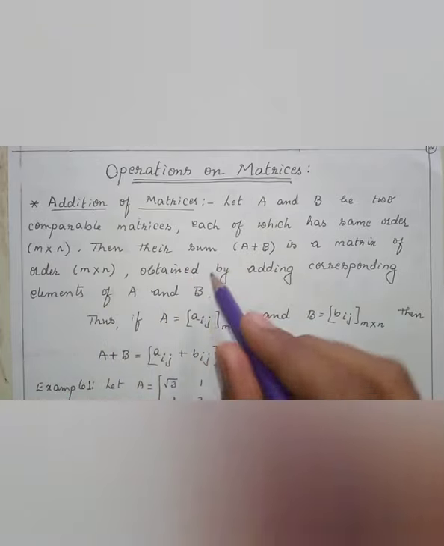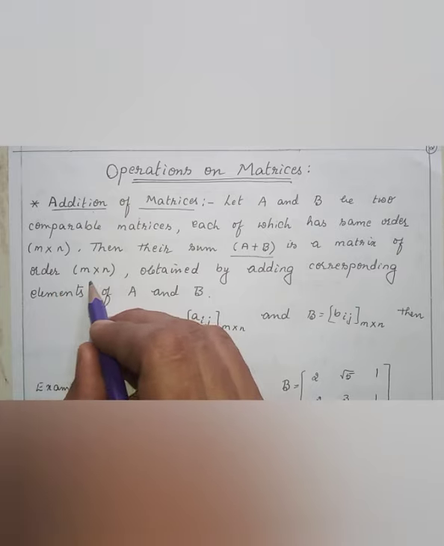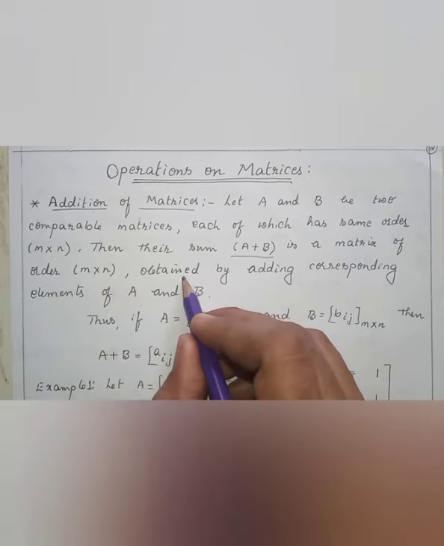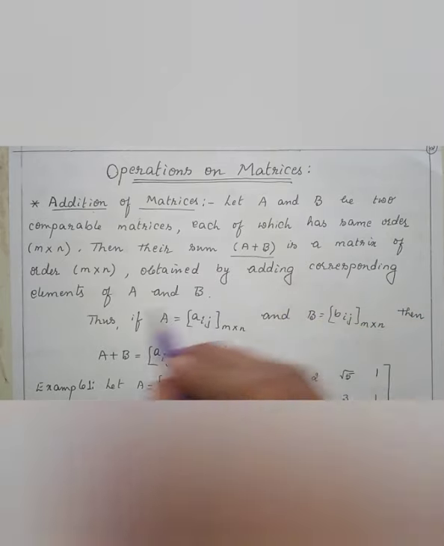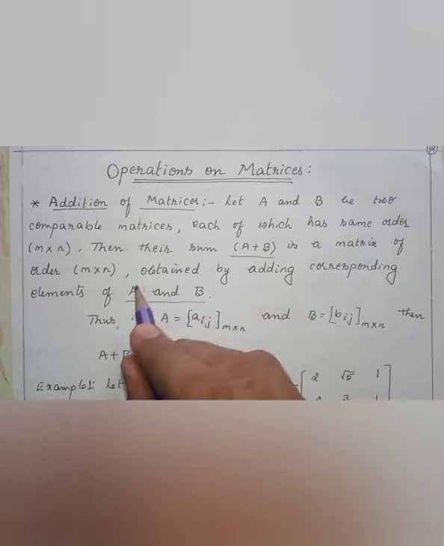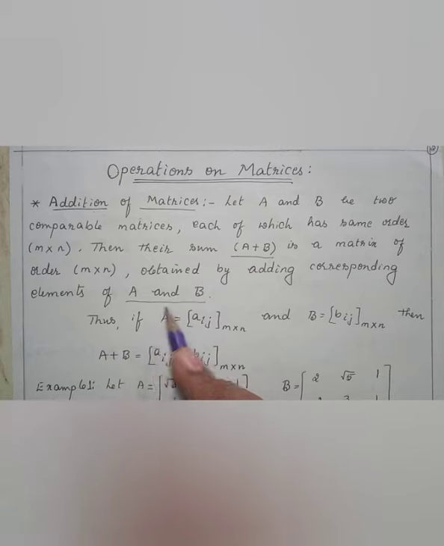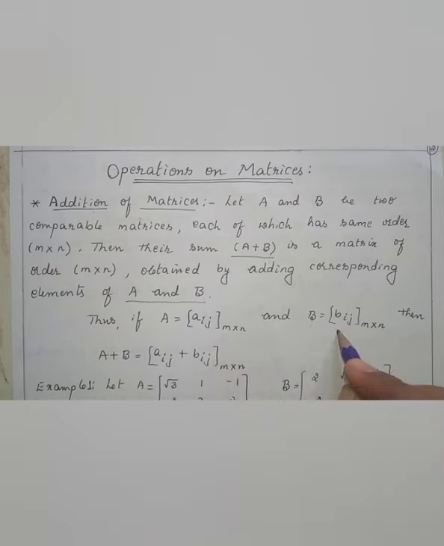Then their sum A plus B is a matrix of the same order, obtained by adding corresponding elements of A and B. In equality of matrices, we equate the corresponding elements of A and B. In addition of matrices, we add the corresponding elements of A and B. Thus, if A is equal to Aij of order m by n and B is equal to Bij of order m by n, then A plus B is Aij plus Bij of order m by n.